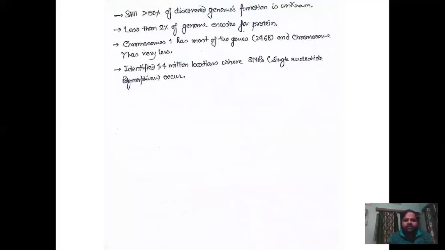Chromosome 1 has the most genes, and chromosome Y has very few, since chromosome Y is smaller in structure. They identified 1.4 million locations where SNPs, single nucleotide polymorphisms, occurred.